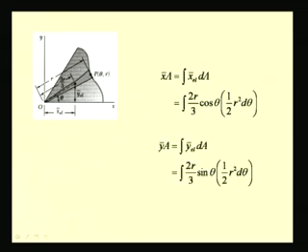In the same way, y bar can be defined as integral 2r by 3, which is the location of this centroid with respect to this coordinate, and we have this area as 1 by 2 r square d theta, where d theta is the angle swept by this small triangular element.